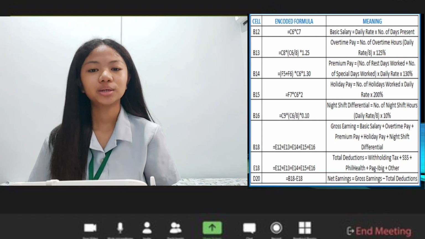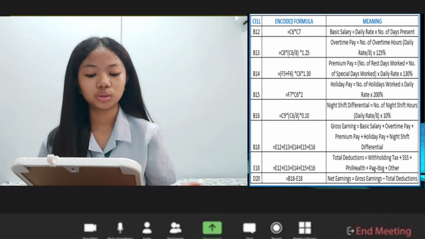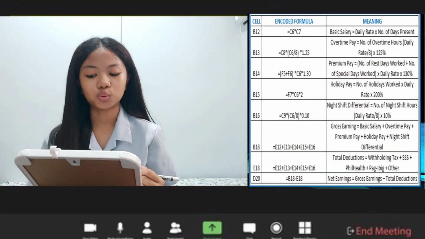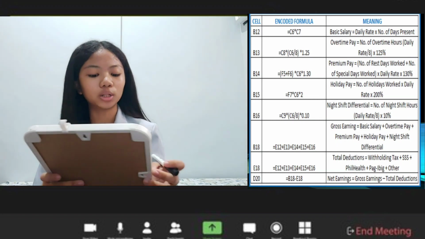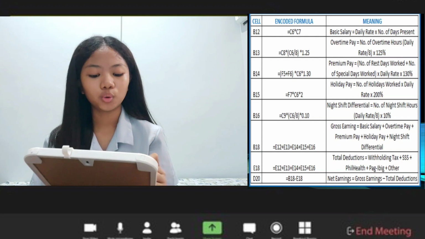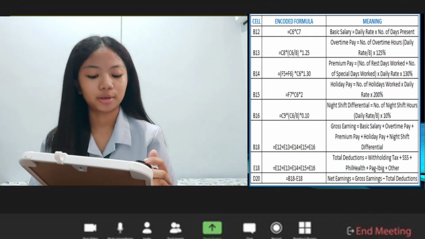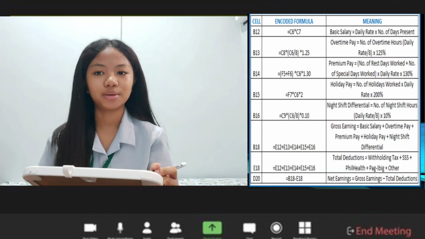Okay, so next, let's try to compute for premium pay. It is equal to the number of rest days worked plus the number of special days worked, times daily rate, times 130%. So it is equal to 2 plus 0 times 1,000 times 130%, which is 2,600 pesos.